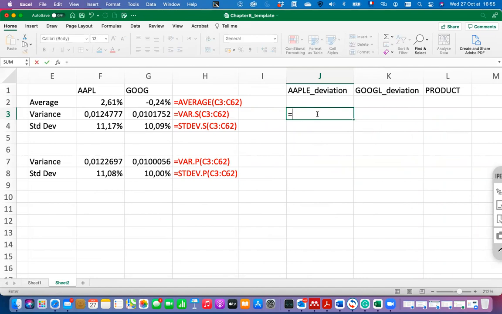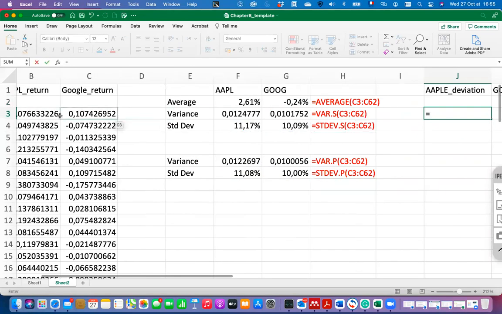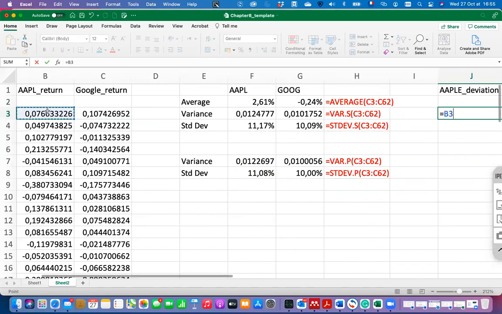So equal to the Apple return here minus the average for Apple. Since the average is constant, I have to add the dollar sign for the average cell.